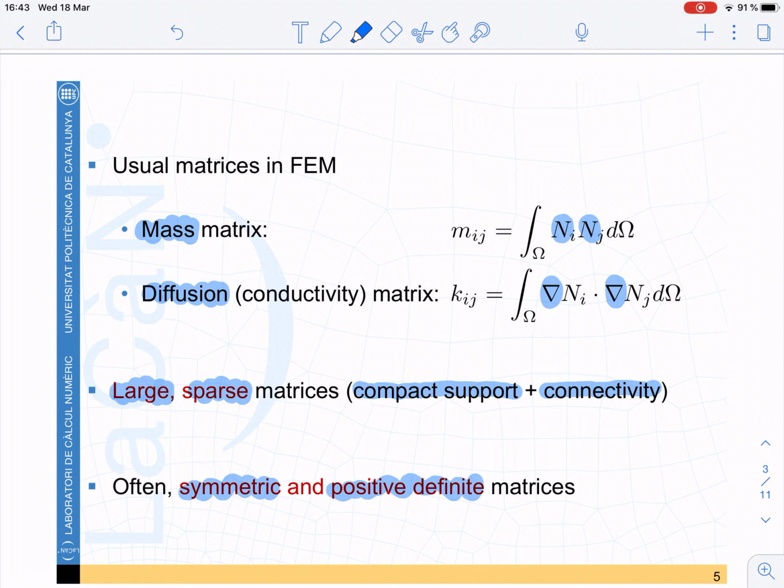Okay? So we'll be interested in numerical techniques that exploit all these properties of finite element matrices: large size, sparsity, symmetry, and positive definiteness.